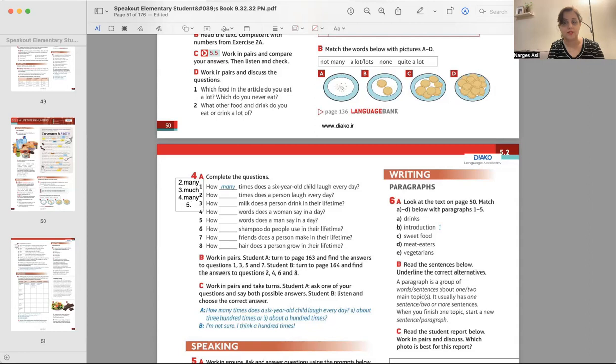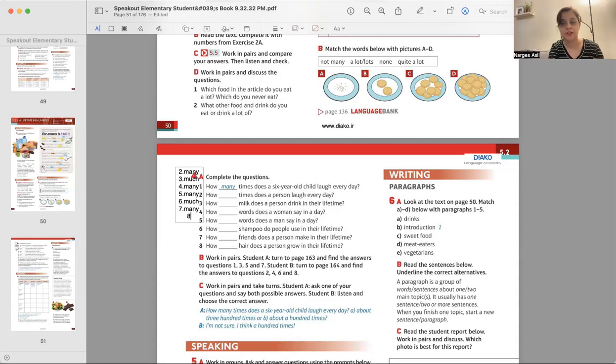How many words does a man say in a day؟ again it's many. How much shampoo do people use in their lifetime؟ how much shampoo که نمیشمارم. How many friends does a person make in their lifetime؟ again it's many. اسم جمع friends رو دقت کن.